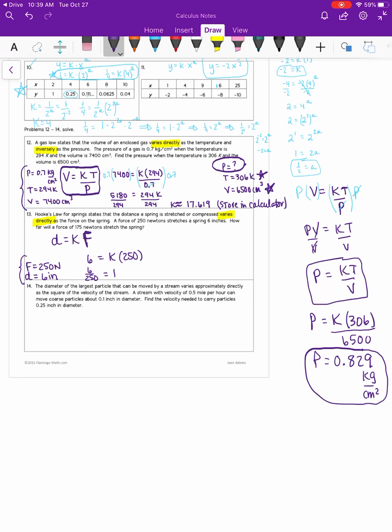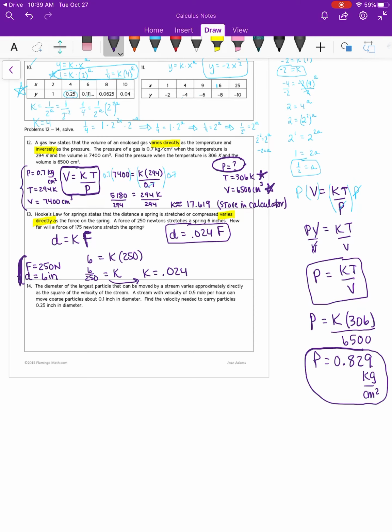And so 6 divided by 250 is my K. I can store that in my calculator, or, well, it's just 0.024. It came out nice, so you don't need to store it. Now my new equation is distance equals 0.024F. So that's your equation now, according to the scenario they gave you.